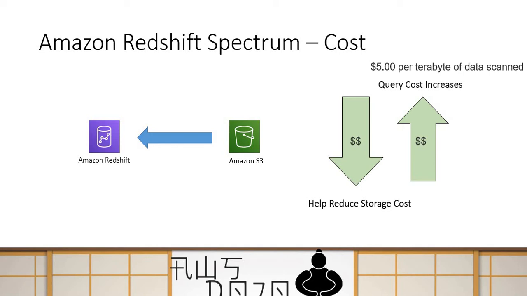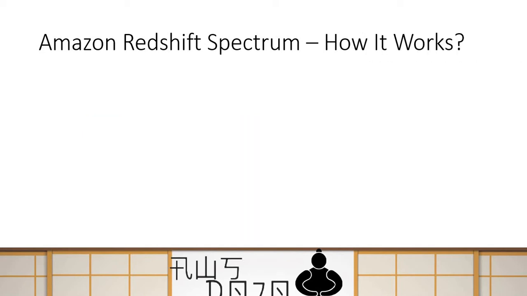Okay, so let's move forward and see how it works. It's very simple, guys. It hardly takes 15 to 20 minutes to launch Redshift Spectrum. The rest is simple. First of all, you need to create an IAM role and assign it to the Redshift cluster. Why do we need an IAM role?